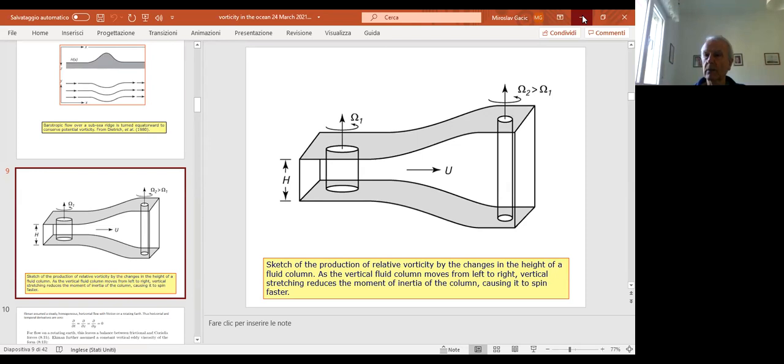So this is how we can vertically distinguish two parts of the world ocean in terms of the physics, in terms of the physical approximations which are the best approximation for currents and flow. Okay, that's it.